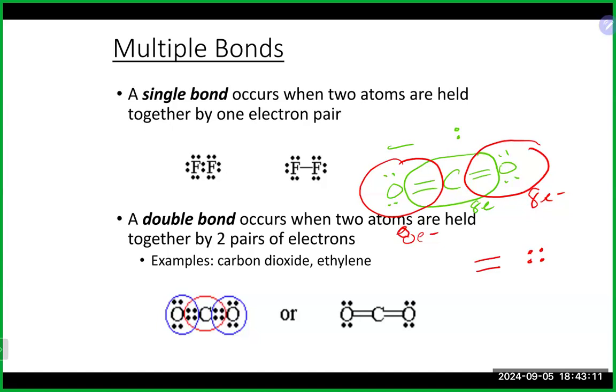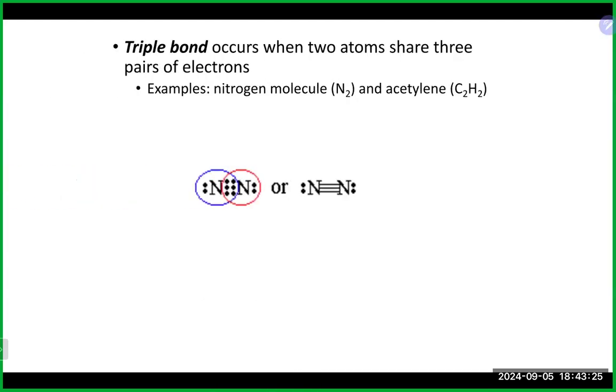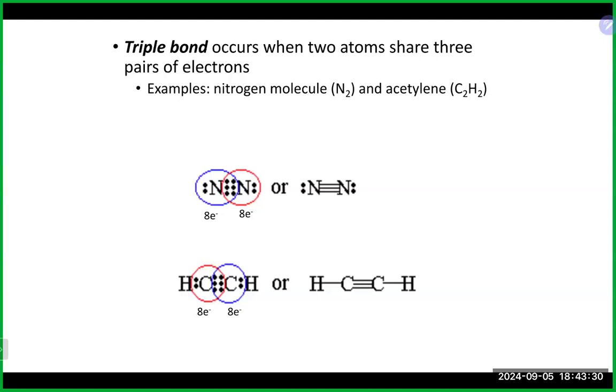Now, in certain cases as well, a double bond is not going to cut it. It's not going to allow everybody to be really happy and hit that noble gas configuration. At that point, if the double bonds really don't cover it, then you might need to go to a triple bond to cover that situation.